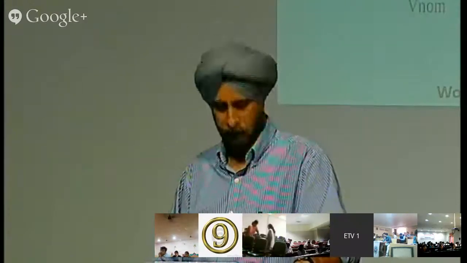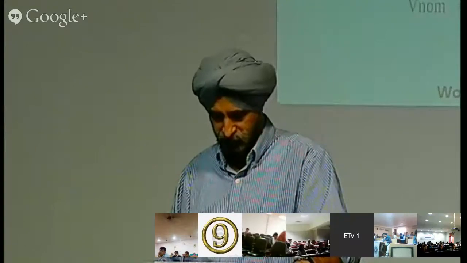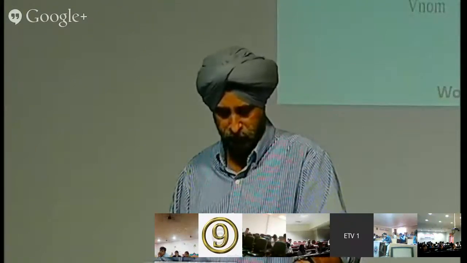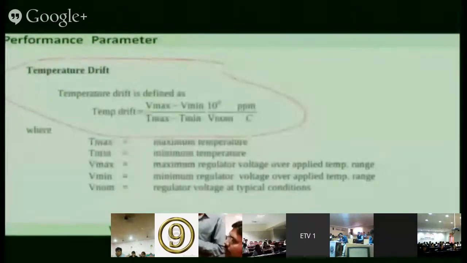It is again very simple. This is the formula of the temperature drift: Vmax minus Vmin. Vmax is the voltage at maximum temperature, and Vmin is the voltage at minimum temperature.